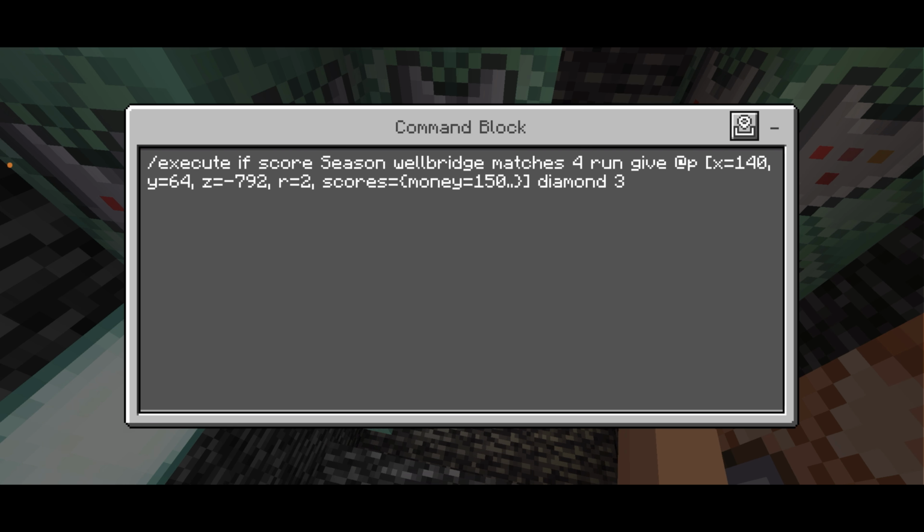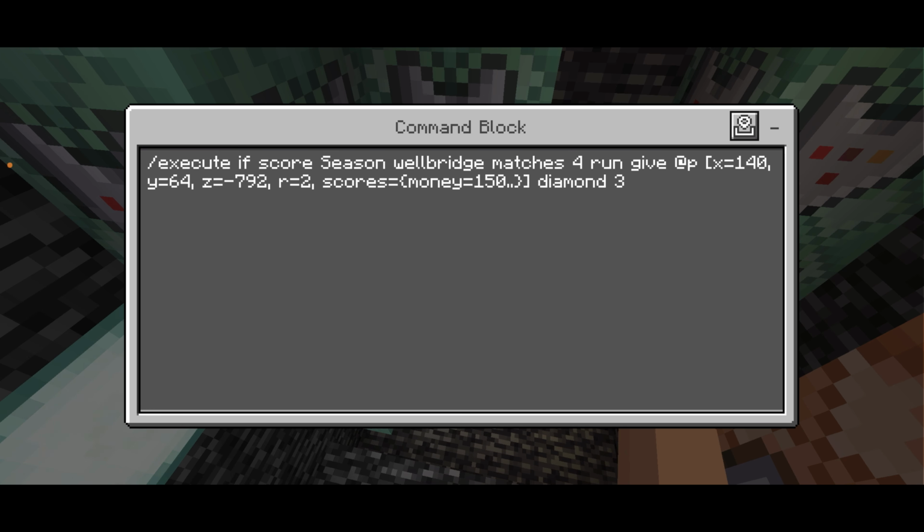So this is when it's most expensive, in the winter. But you can also sell your diamonds for more in the winter too. Okay, execute if score season Wellbridge matches 4, run give at P 140, 64, negative 792, R equals 2, scores equals money equals 150, diamond 3.